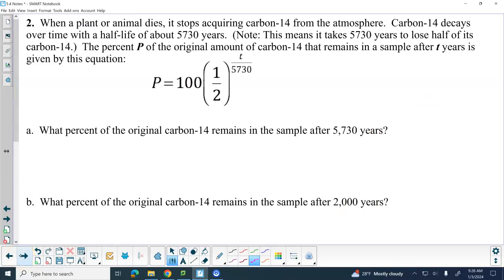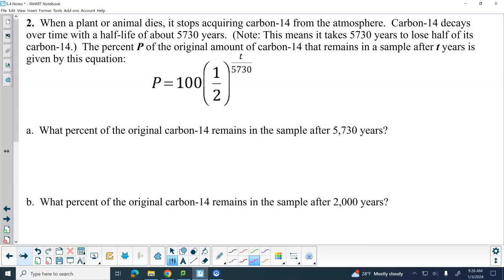When a plant or animal dies, it stops acquiring carbon-14 from the atmosphere. Carbon-14 decays over time with a half-life of about 5,730 years. Note, this means it takes 5,730 years to lose half of its carbon-14. The percent P of the original amount of carbon-14 that remains in the sample after T years is given by that equation.